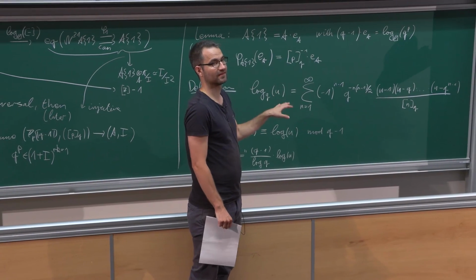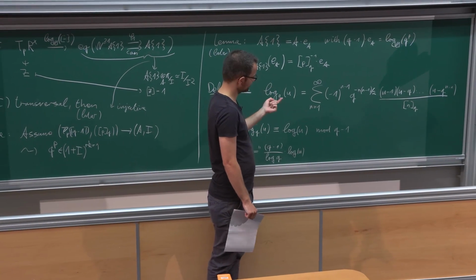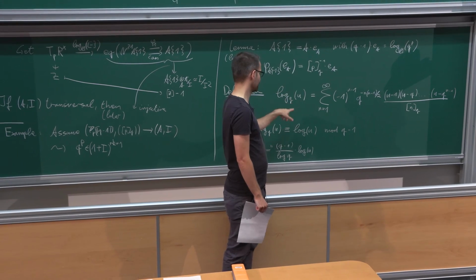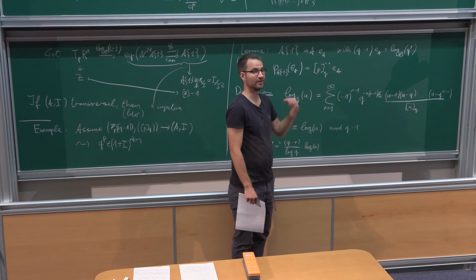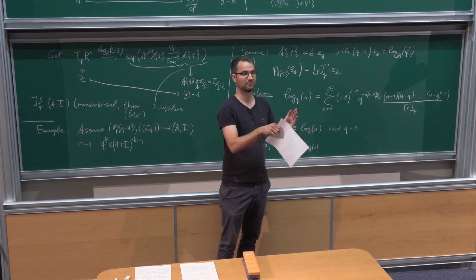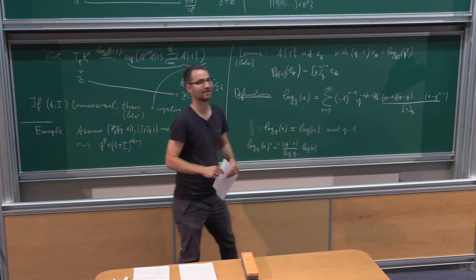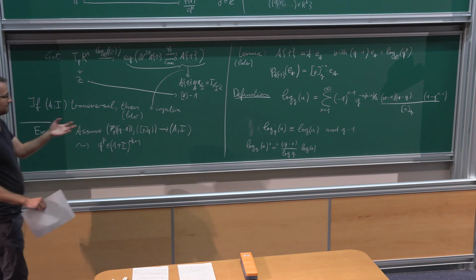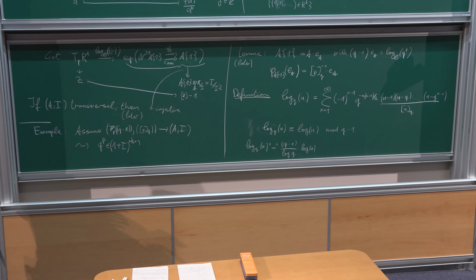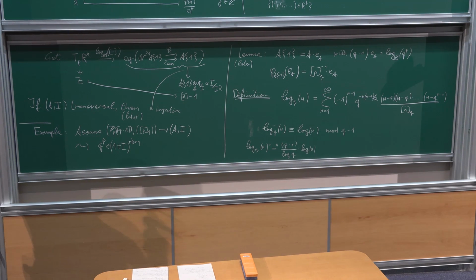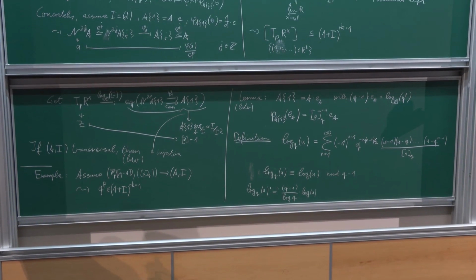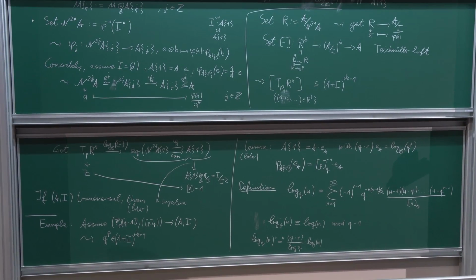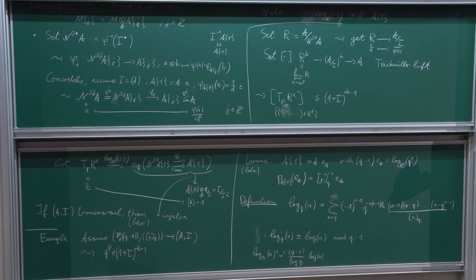And then later I will implicitly also assume that it converges for certain elements U in, say, certain prisms. But for now it's a power series with rational coefficients in the formal variables Q minus 1 and U.